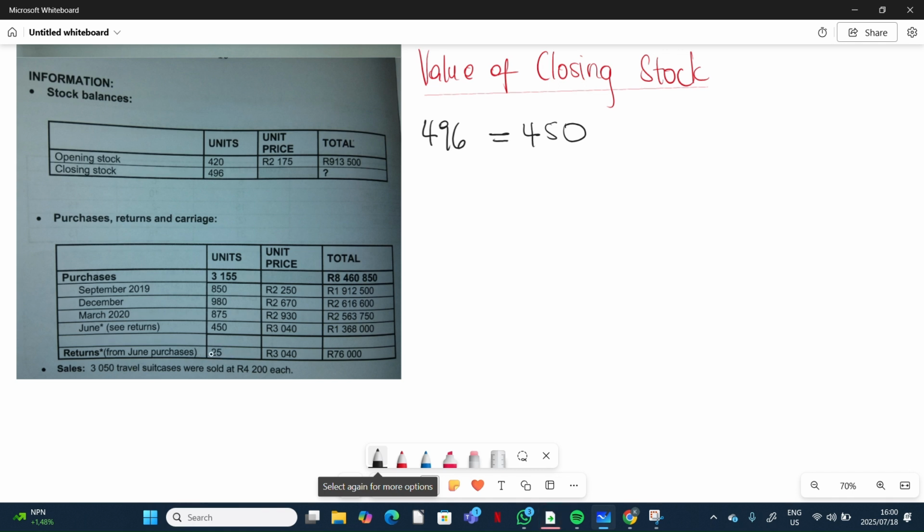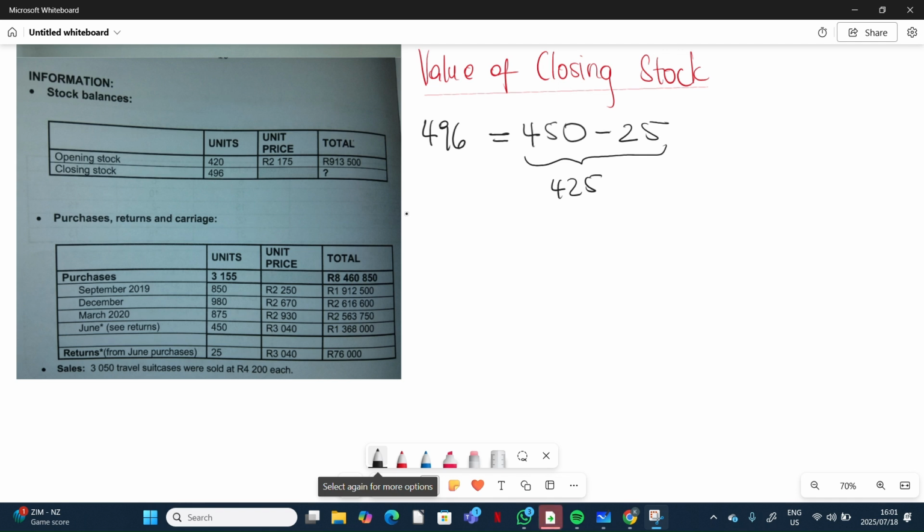The company returned 25 travel suitcases to the supplier. So we need to subtract the 25, which gives us 425. These are the units of stock that we had in June in the business, because we purchased 450 but returned 25 of them.